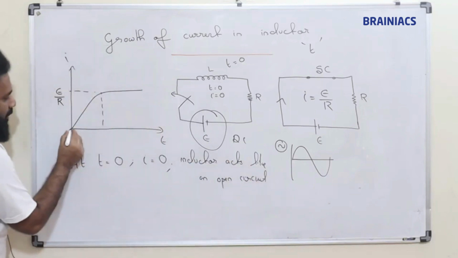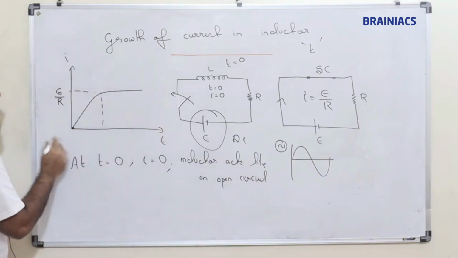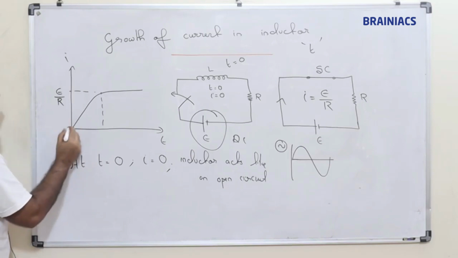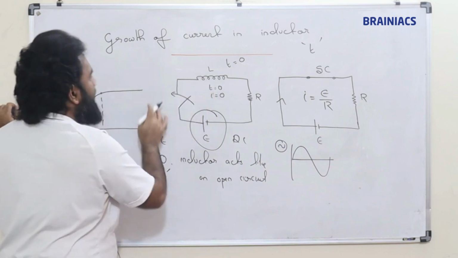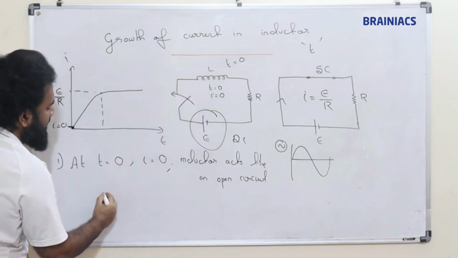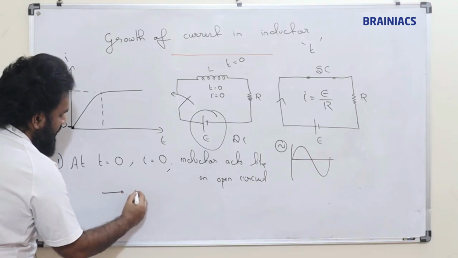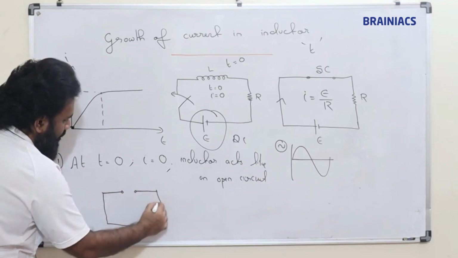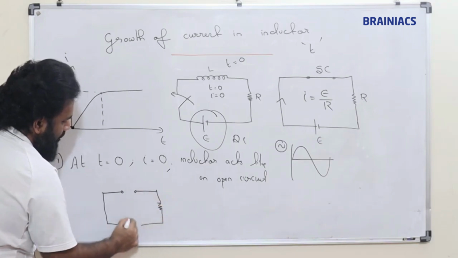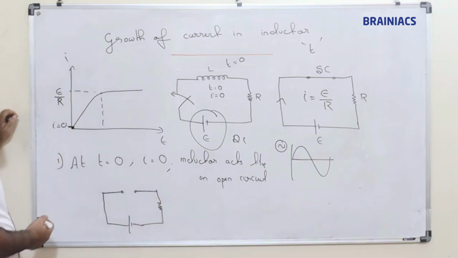At this point, the inductor will not allow any current to pass, so the current will be 0. The inductor will behave like an open circuit, just like this. This is its behavior now.